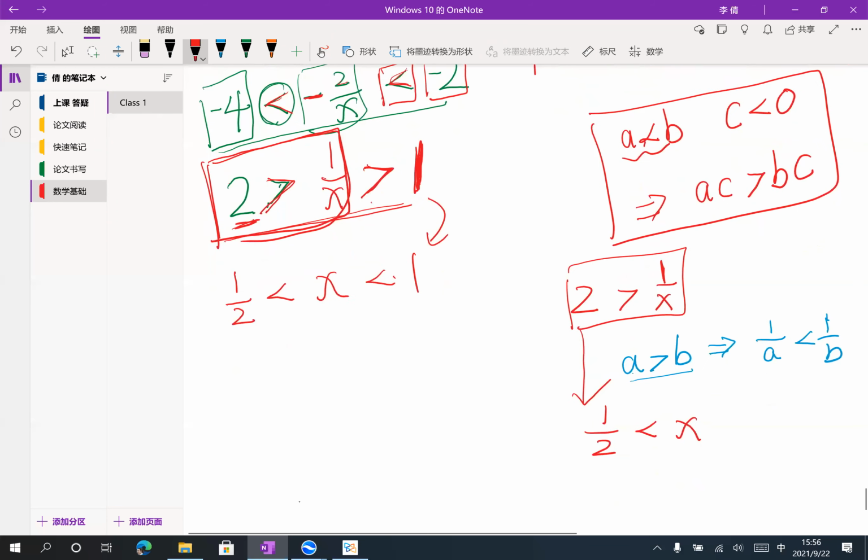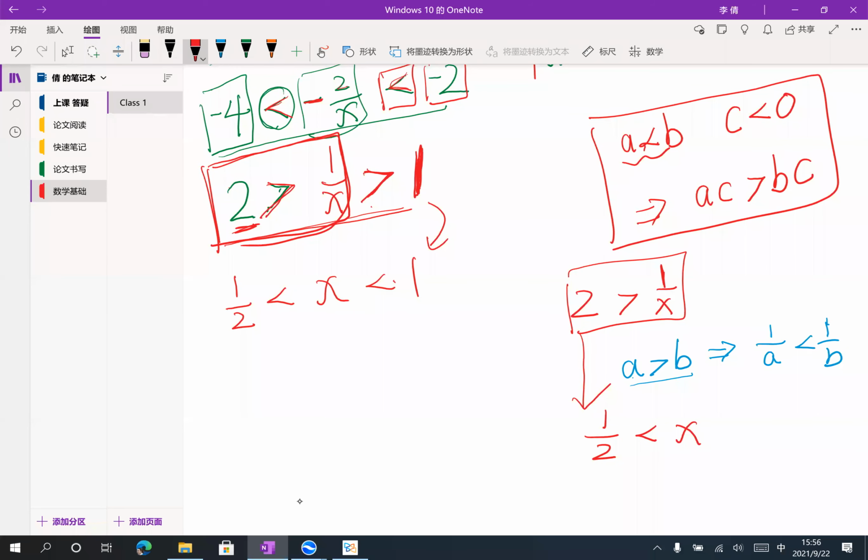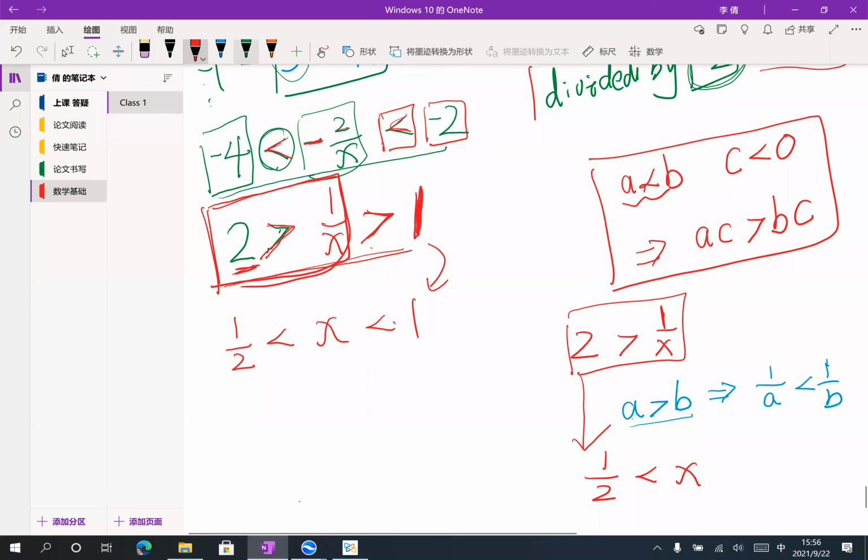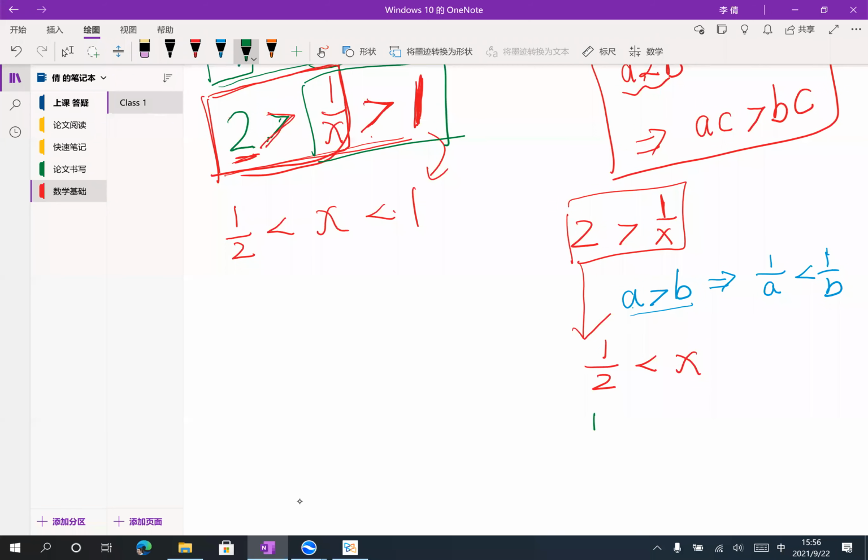Okay, this is the left inequality, and then we see this right inequality: 1 over x is larger than 1, and then from this inequality we can get x is smaller than 1, right?